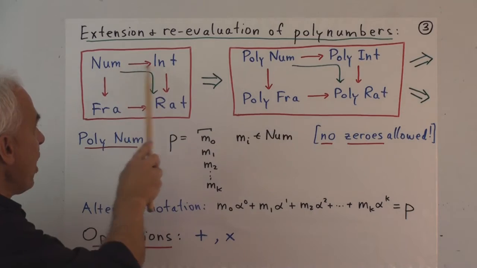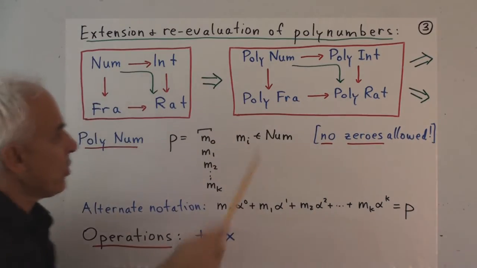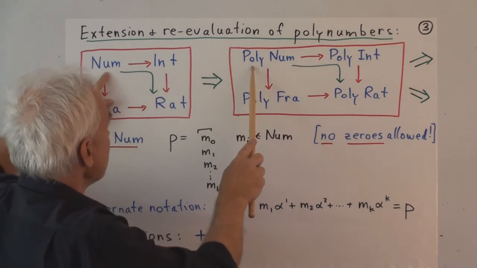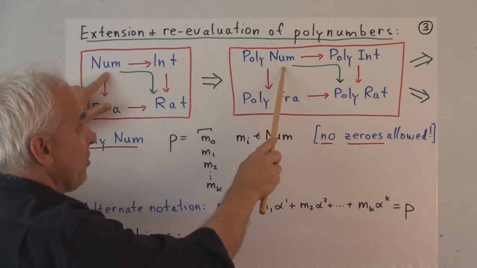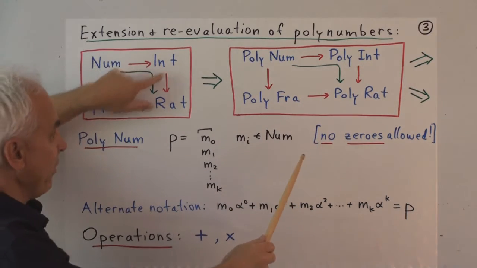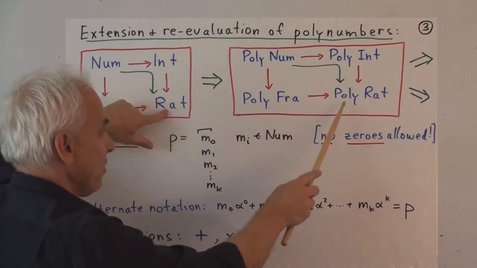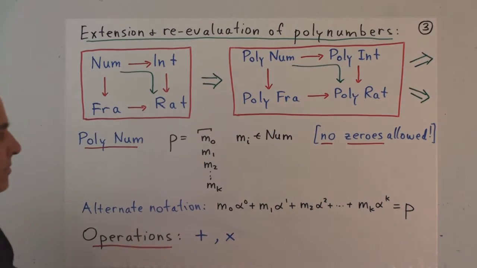So for each of the objects over here, there's a corresponding kind of object over here. So natural numbers correspond to something that we might call natural polynumbers. Integers correspond to something we might call integral polynumbers. Fractions to fractional polynumbers, and rational numbers to rational polynumbers.